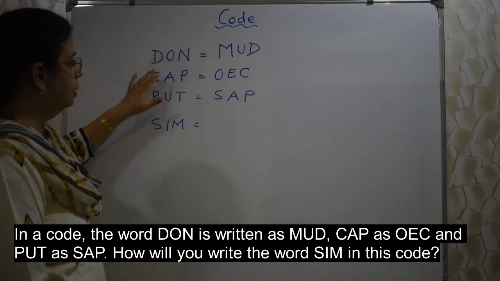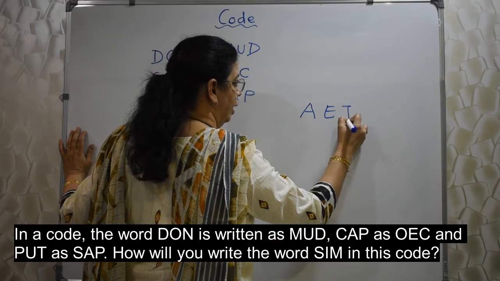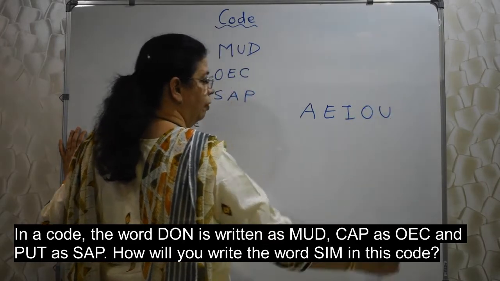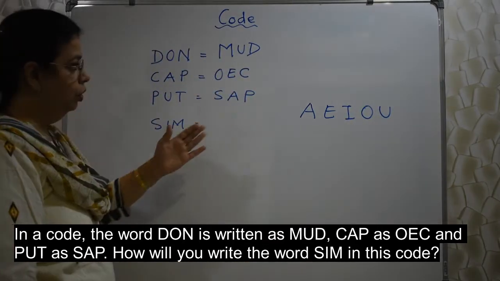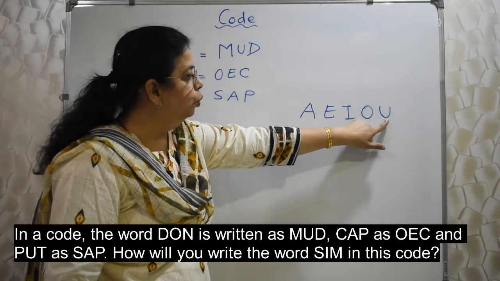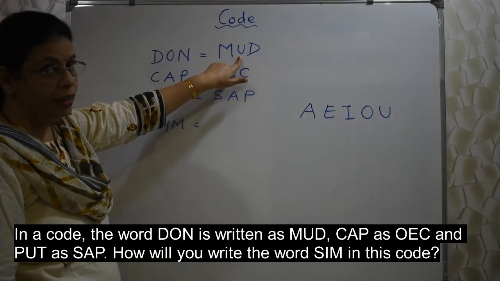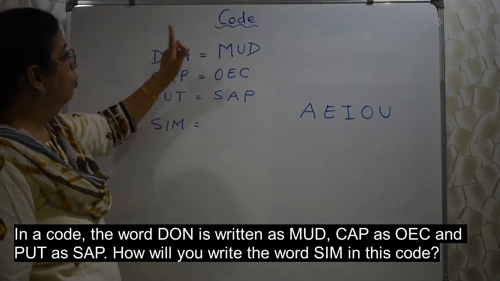After O, see, we have vowels A, E, I, O and U. Everybody, each one of you knows this, right? So what comes after O? U. So they have taken the next vowel, not the next letter, mind you, the next vowel.